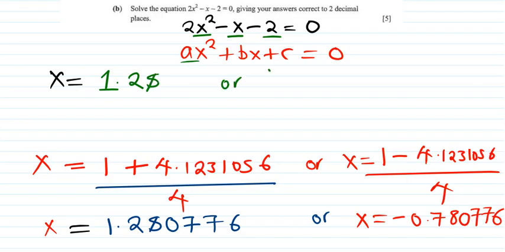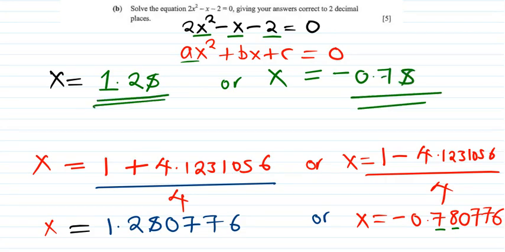Okay, and then for the other end, 1 2 as well, so negative 0.78. Okay, so these are our 2 answers for the quadratic equation we're given. So just this, you get your 5 free marks.